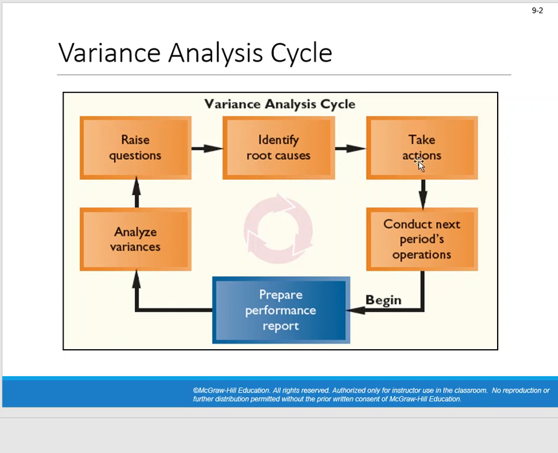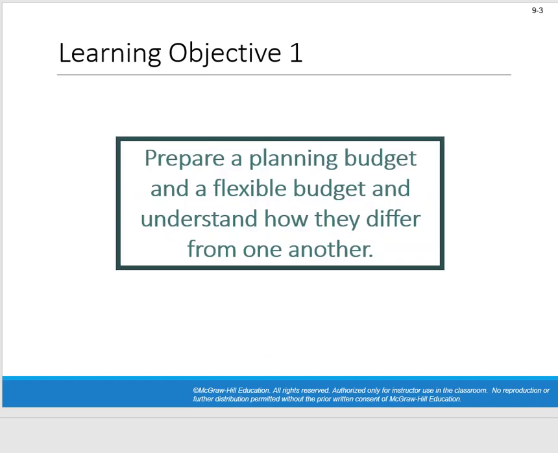We take actions and then we go on about our business for the next period, and hopefully our next performance report looks better. So that's the basic cycle, and it all goes back to this idea of a process of continuous improvement. If we look at our variances, we ask questions, we identify the problems, those root causes, and then we take action. So we're constantly trying to improve our business through this cycle.